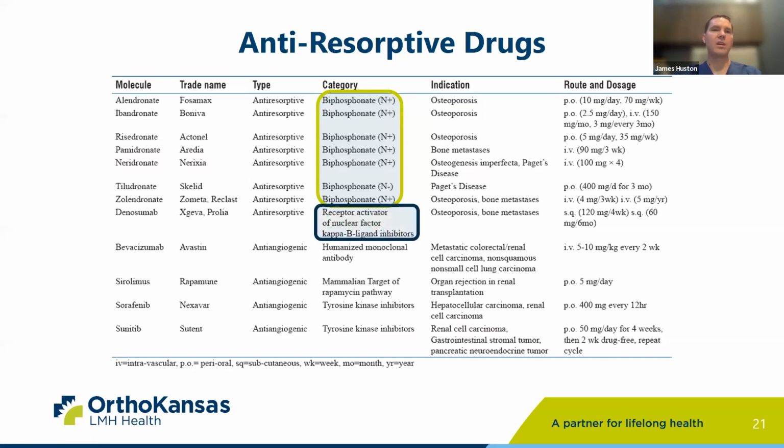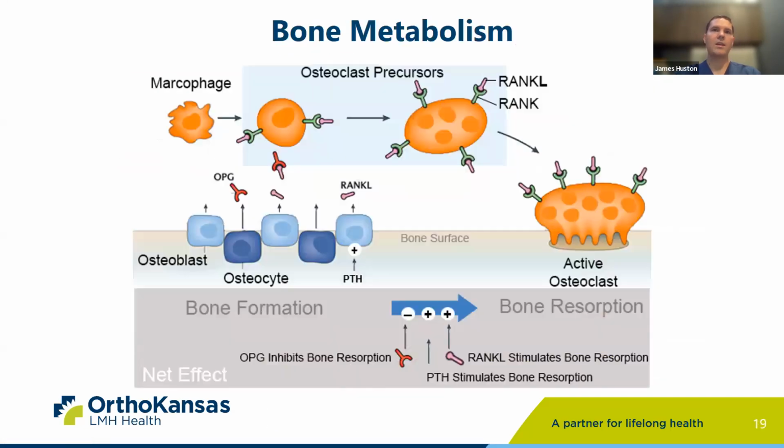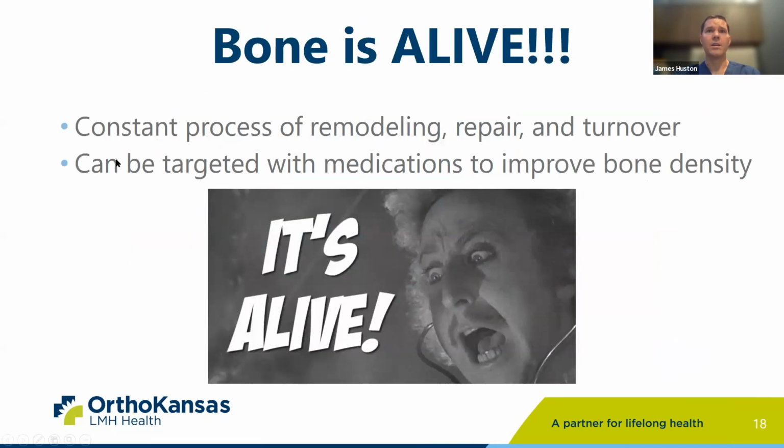Denosumab, or Xgeva or Prolia, is another common anti-resorptive medication that targets this RANK ligand, which is right in the middle in the upper part of this illustration.